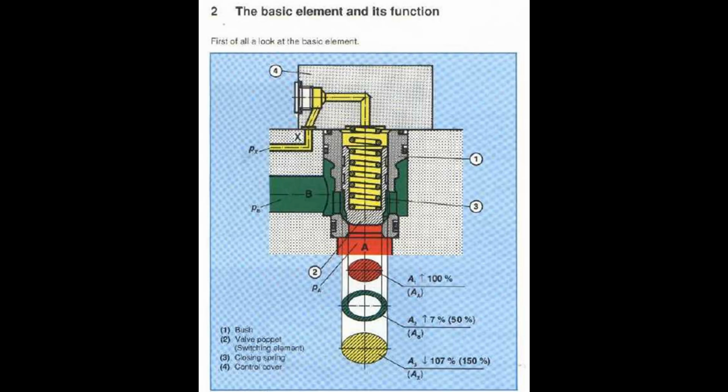The following is then valid: two areas operate in an opening direction. The remaining area and the spring have a closing effect on the valve. The effective direction of operation of the resulting force determines whether the logic element will open or close.